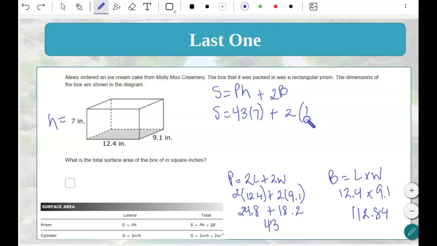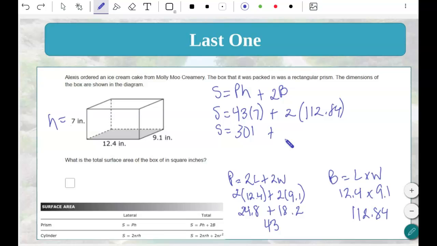So we're going to put that up here into our formula. We're going to use the calculator to simplify some more. I'm going to do 43 times 7. And I get 301. And then I'm going to do 112.84 times the 2.